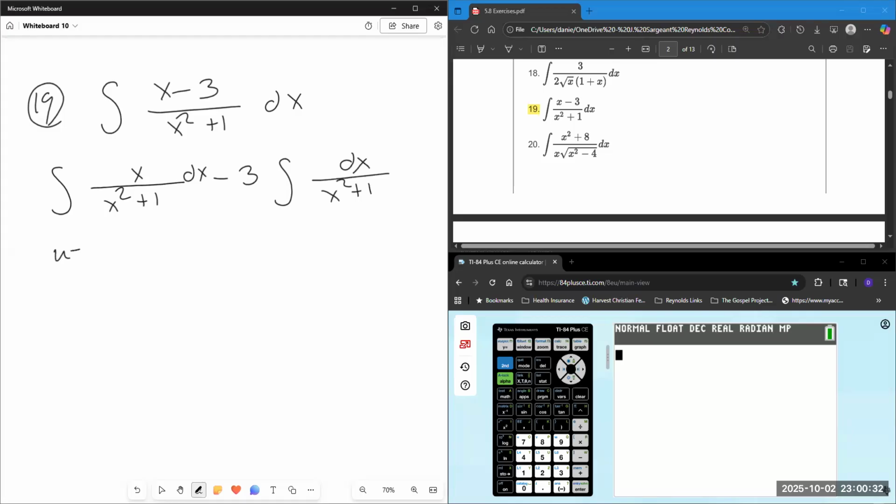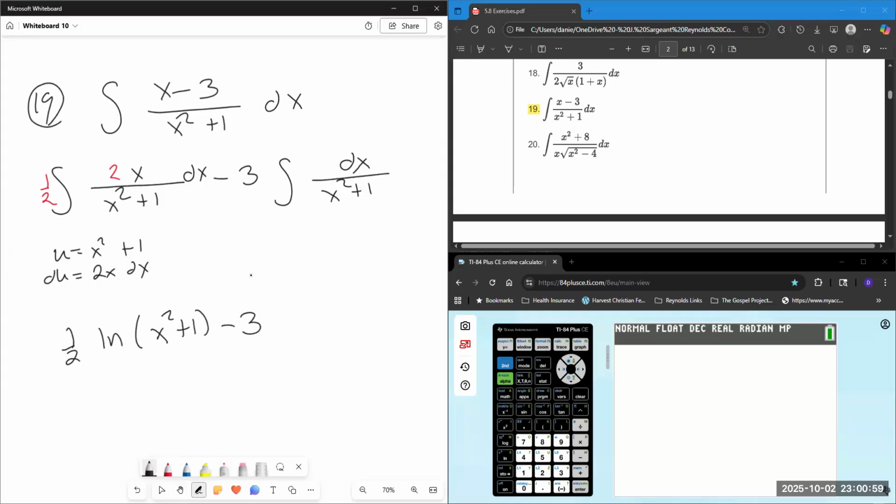And this is a basic u substitution. So 2 and 1/2. And in this other one, this is my basic form of arctangent. So I have 1/2 ln of the absolute value of x squared plus 1, which is just x squared plus 1 since it's always positive, minus 3.